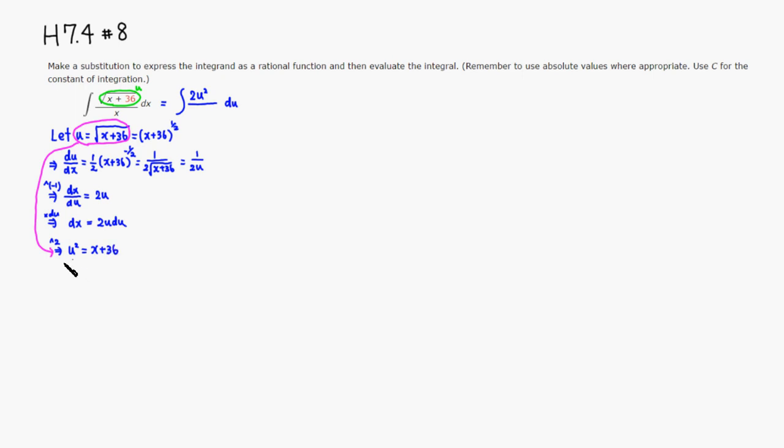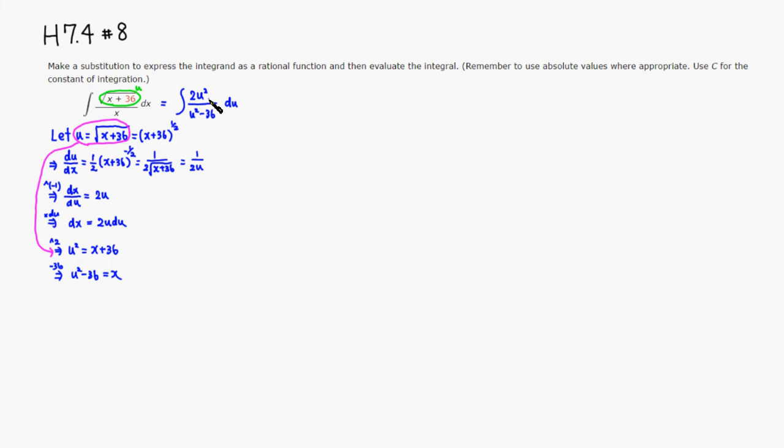Then we can subtract 36 to get u squared minus 36, which is the same thing as x. So we can put x as u squared minus 36. Now we have a new integral in terms of u, and the integrand is a rational function.